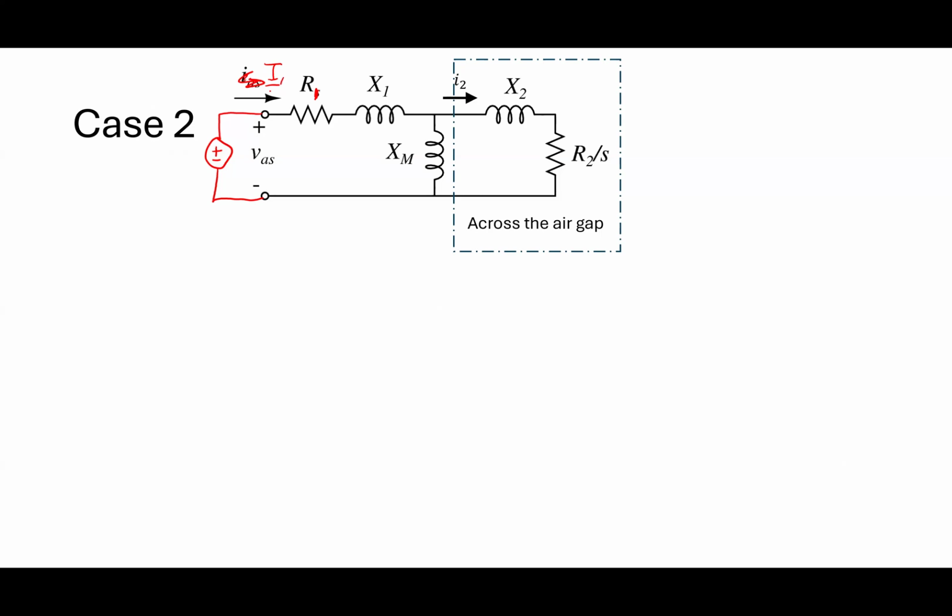Anytime you use impedance, what's the underlying assumption? Everything's the same frequency. Everything's in steady state at a constant frequency. And what's the frequency in this case? 30 hertz. Now the problem is I gave you X1, XM, and X2, right? So what do I got to do with X1 and X2 and XM?